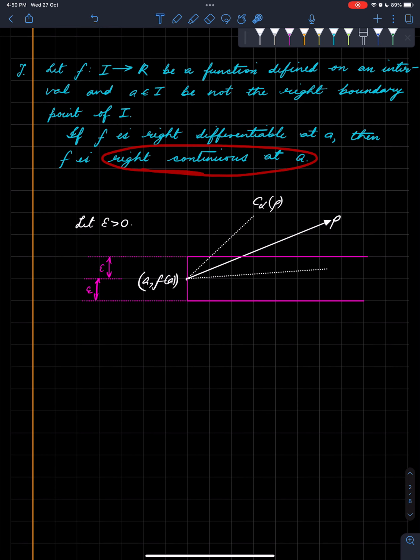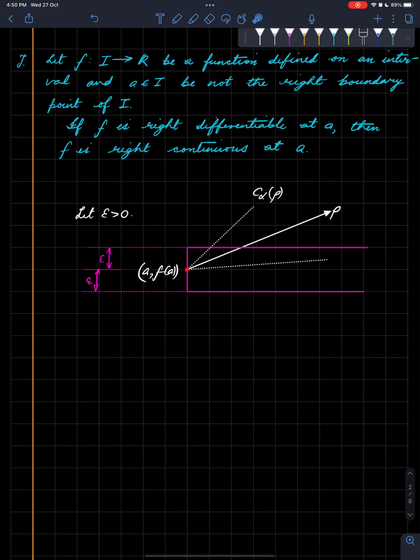This is what we want to prove. We located this point (a, f(a)), a point on the graph of the function, and we chose an epsilon greater than 0. We made this right epsilon band, which we denote by B subscript epsilon of (a, f(a)), just an ad hoc notation for the purpose of this particular proof.